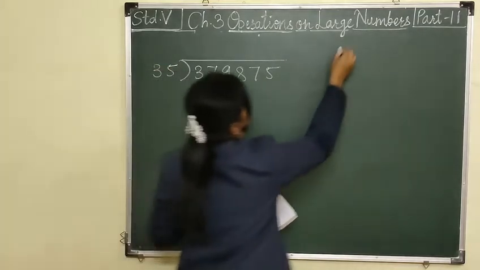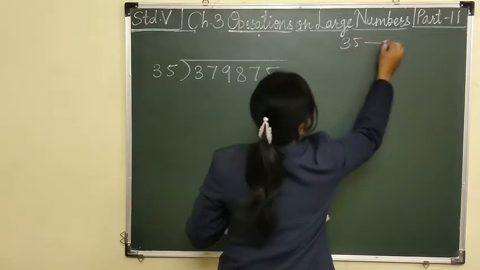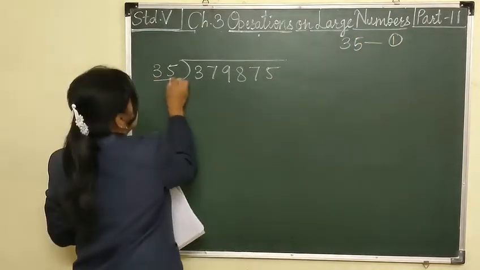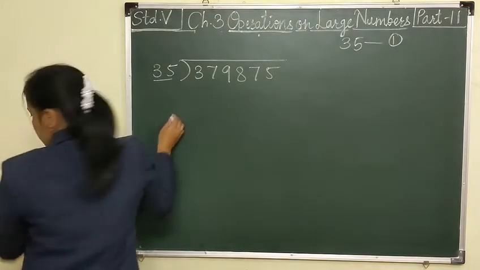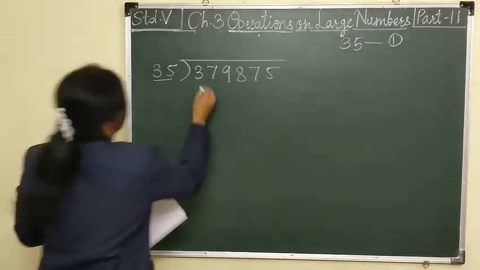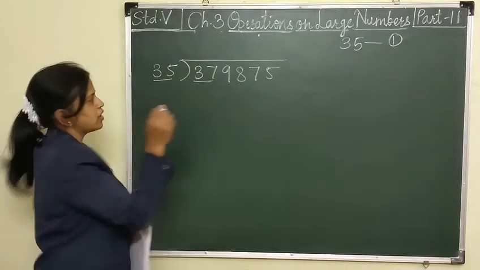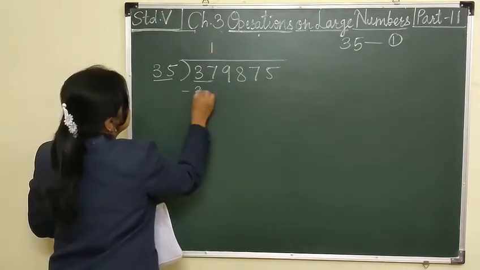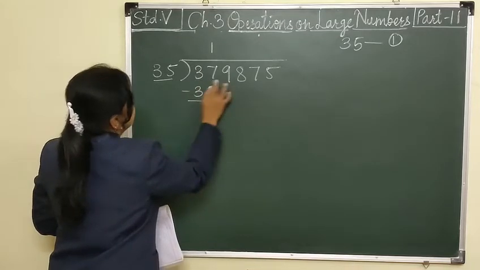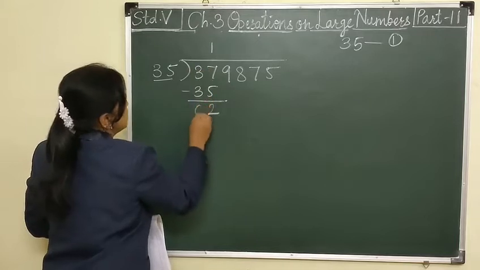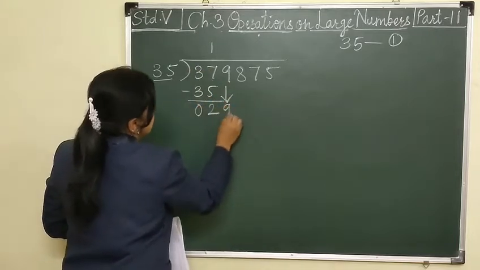Here again I have to prepare the table of 35. Here 35 and here it is 37. So 35 ones are 35. I can subtract 35 from this 37. So 7 minus 5, 2. 3 minus 3, 0. Take this 9 down.